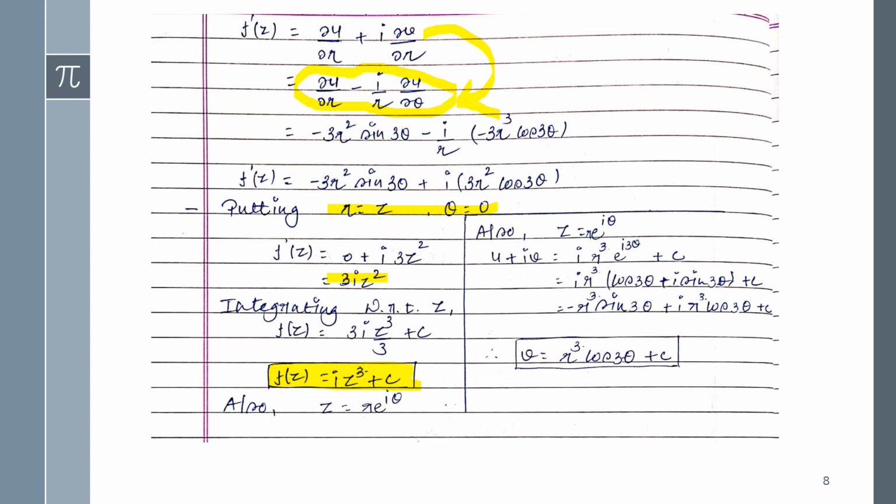So f of z will be u plus iv, here I have written, and z, अब तक हम लोग फाइंड अप्लाई कर रहे थे इन प्लेस ऑफ z x plus iy, but this one is given in the polar form, so definitely we will write r into e raised to i theta.